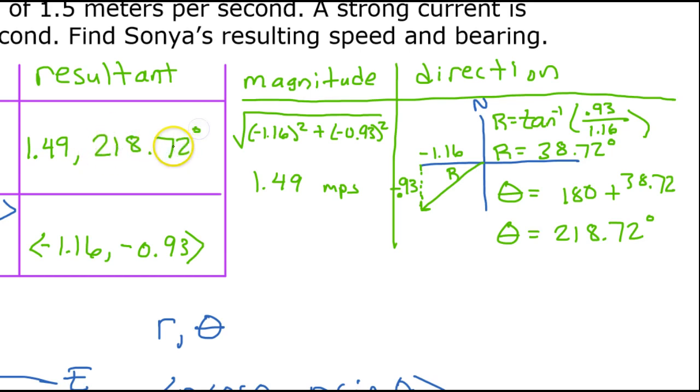So I'm going to go ahead and record that on my chart, 218.72 degrees. We were supposed to find the resulting speed and bearing. What we have right now is the resulting speed, 1.49 meters per second. And we have the direction. But we're not quite finished because we're supposed to give the bearing.